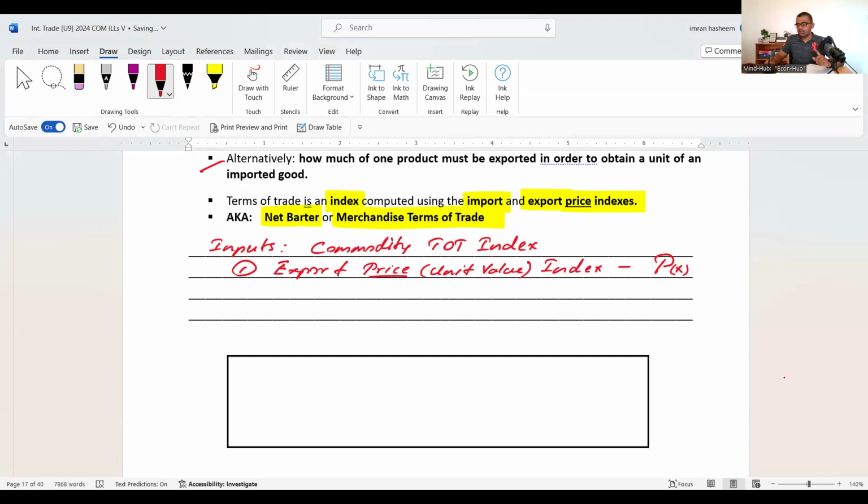One more thing to know here. The export price or unit value index has a base year, which is 2010. What is the base year we use? 2010 equals 100.